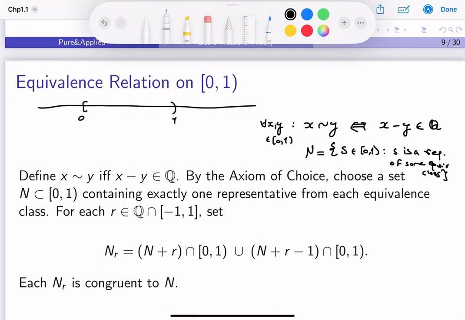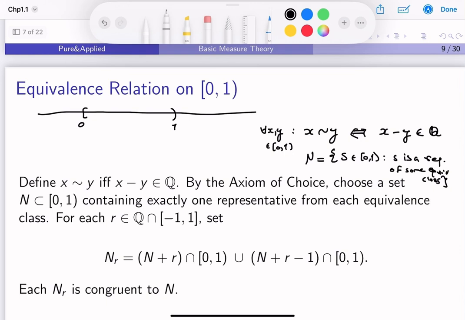Okay, in other words, I'm going to take the set of representatives and call it N. Now that I have this set, I'm going to show you how these three properties cannot hold.